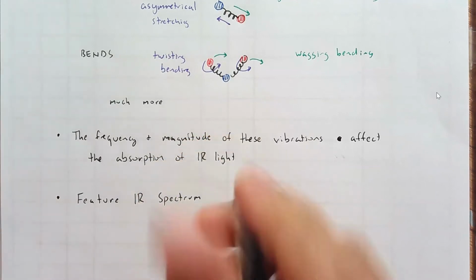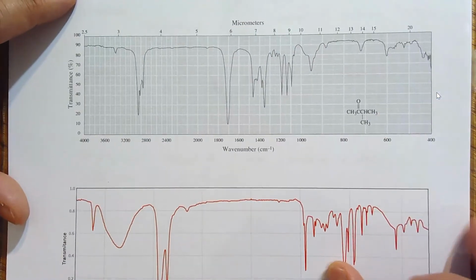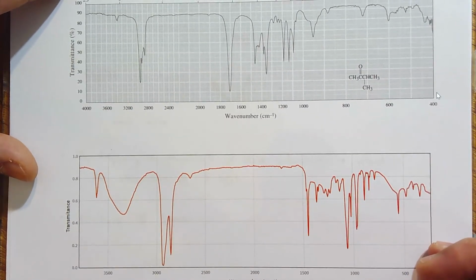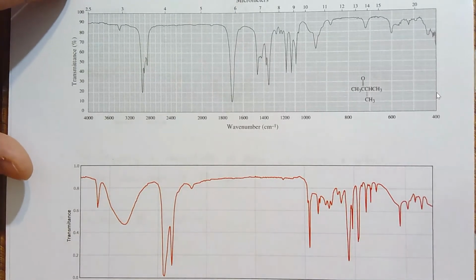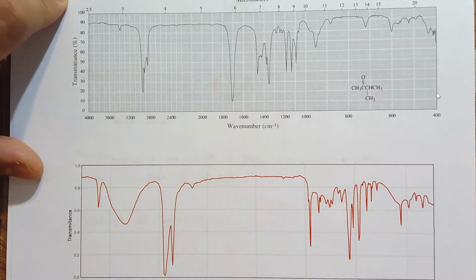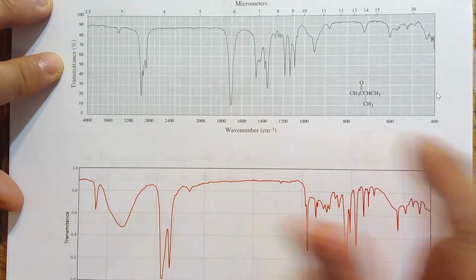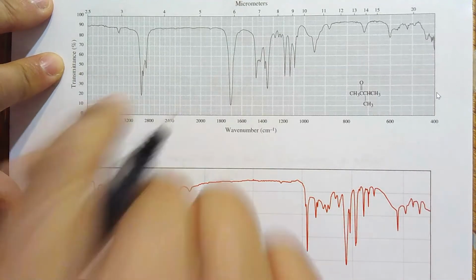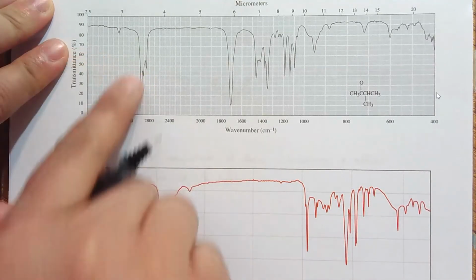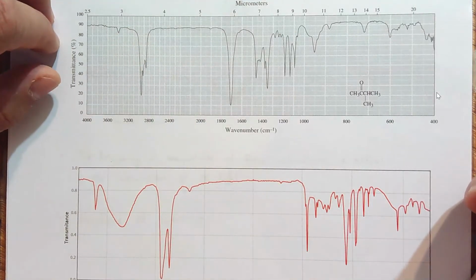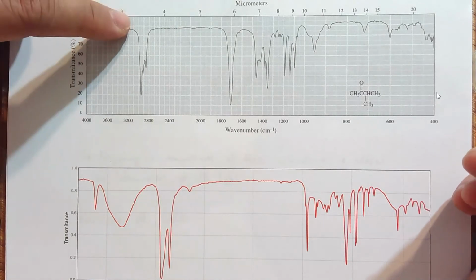And I printed out two spectra. One is from a textbook, and one is from quality control of a chemical supply company. Okay, they want to make sure that they're selling the pure product. Now, it's actually pretty complicated. We have different labels for the axes, and yeah, we're going to call these either signals or peaks, even though they're going downward. So it's kind of strange, something that you may not be used to, but the signals are now going down.